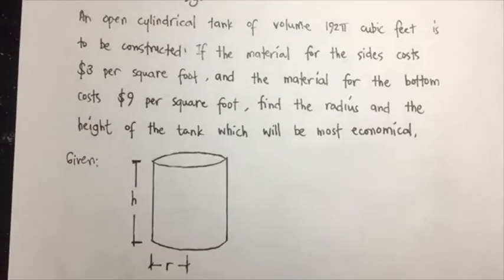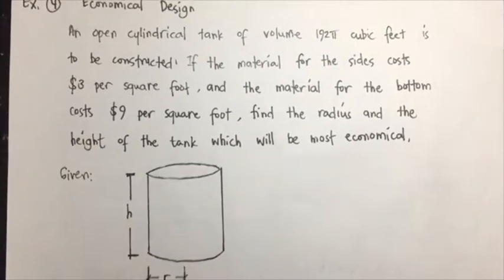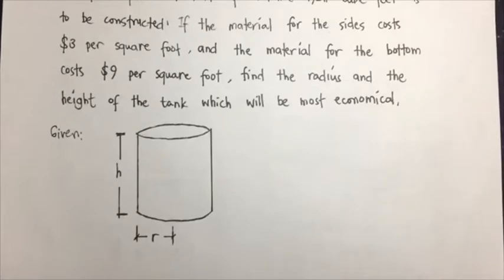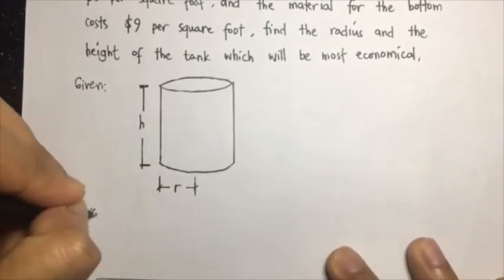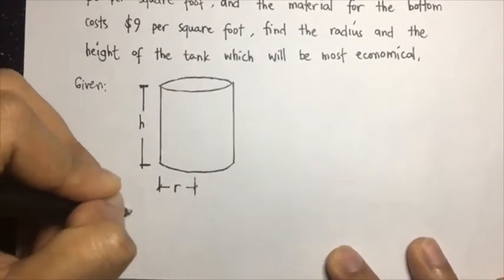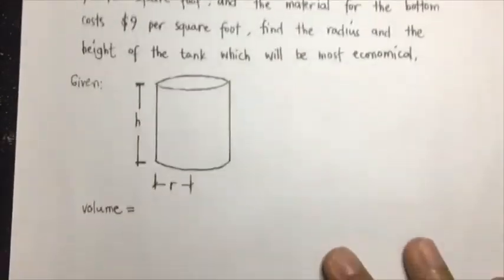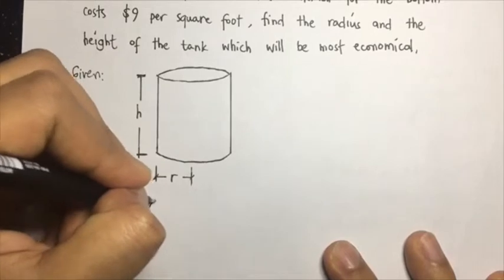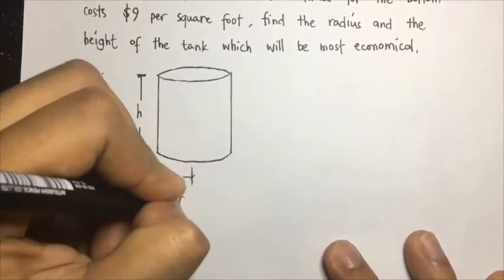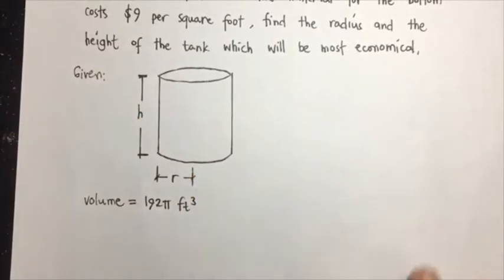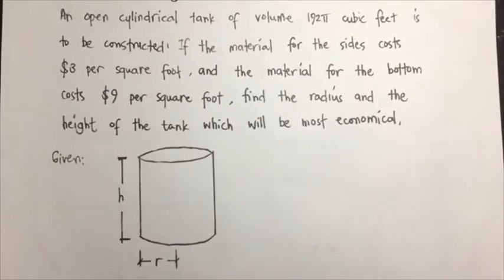Okay, so we are given that the volume is equal to 192 pi cubic feet. And we are also given the costs of the materials.